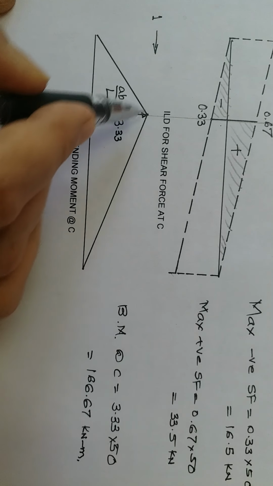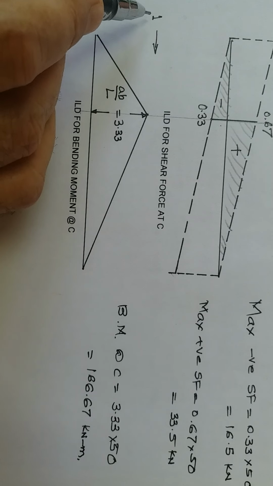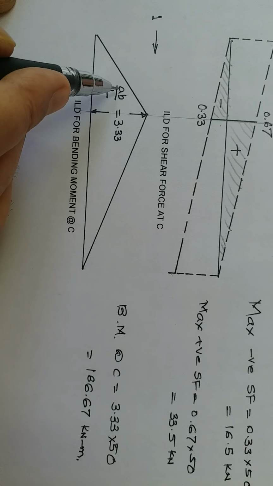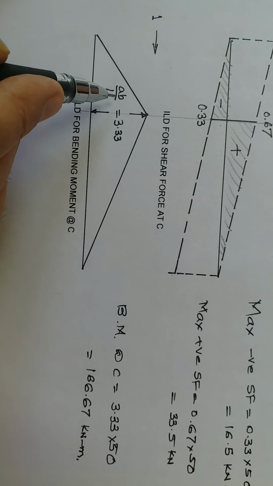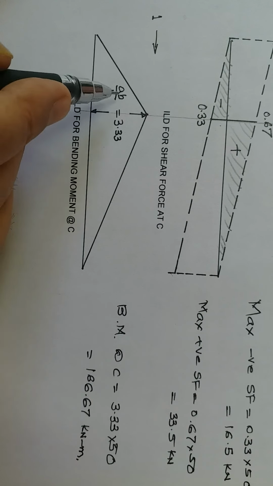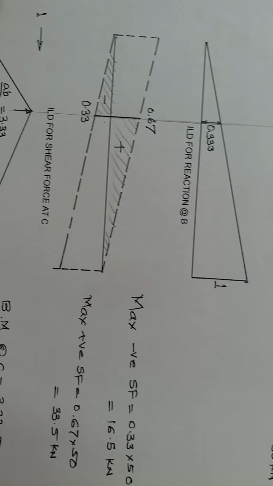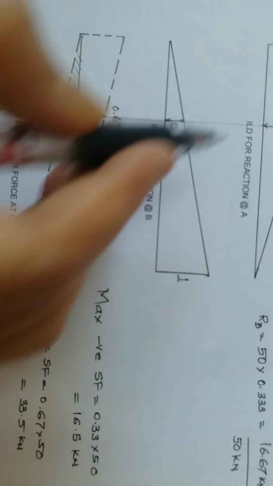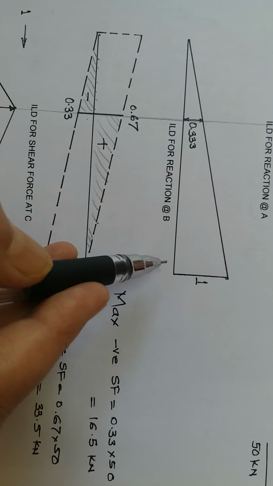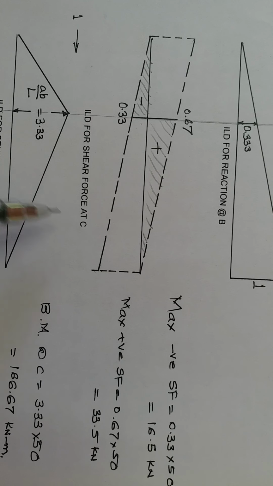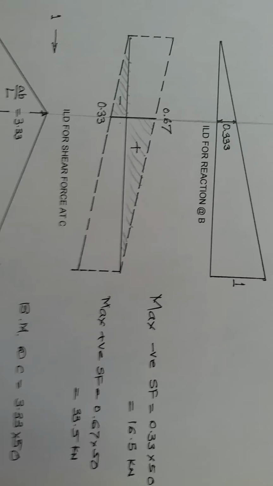So this is the influence line diagram for a unit load when it crosses the girder from A to B. It will be WAB by L, W is equal to 1, so it will be AB by L. We can use these influence lines for reaction at A, reaction at B, shear force at a particular section, and bending moment at a particular section generally.